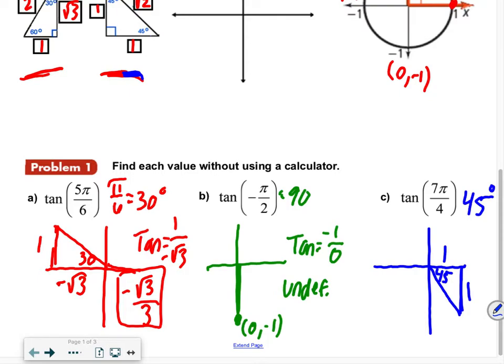So my tangent is, now this is negative. So my y over x, which simplifies to negative 1. So my tan is negative 1. Okay, that is all that we are doing for 13.6.